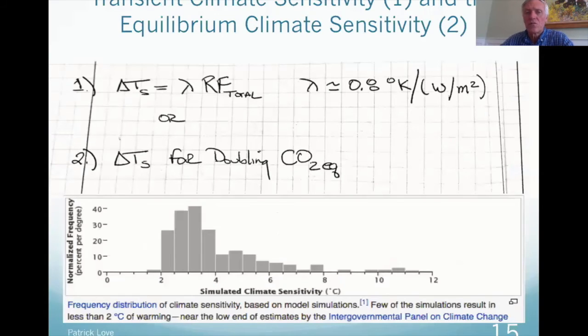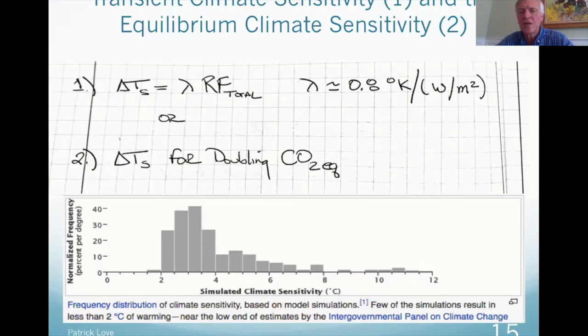Okay, so now I'm going to give you just a couple of notes here on how to get back to temperature. As I said, there is this idea, which scientists call the transient climate sensitivity.